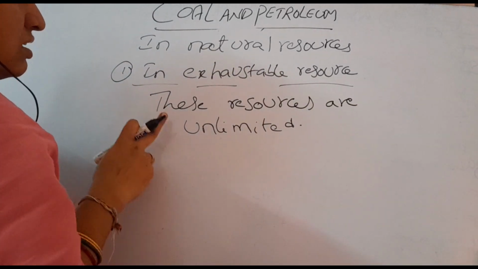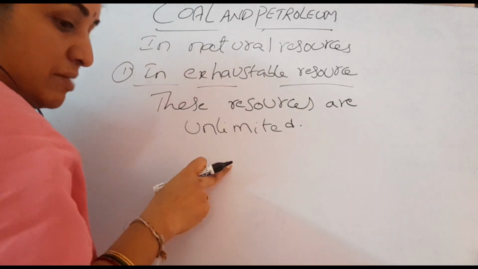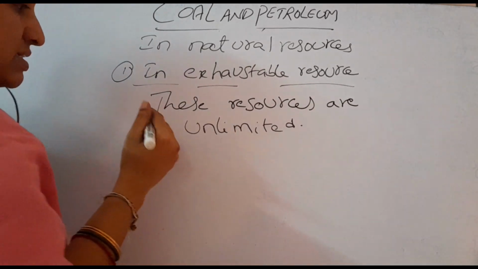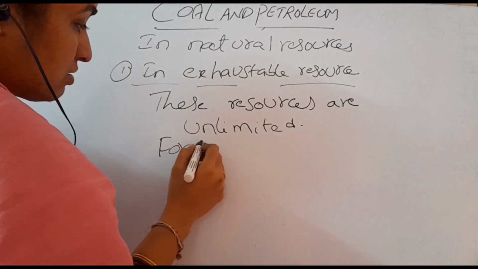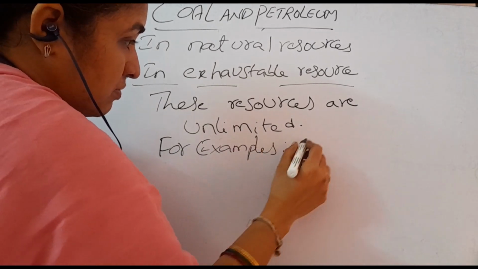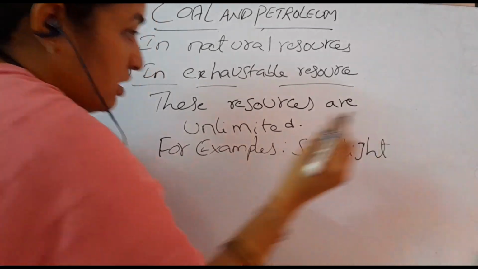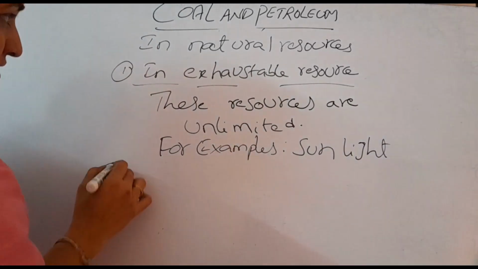These are natural resources and also unlimited. For example, sunlight.